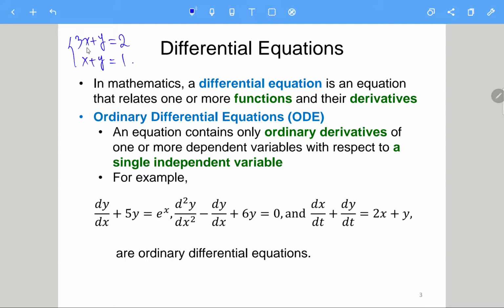So in this case, we have 2 unknown variables, but still it is a first order equation, a joint equation. So we're able to solve the equation.